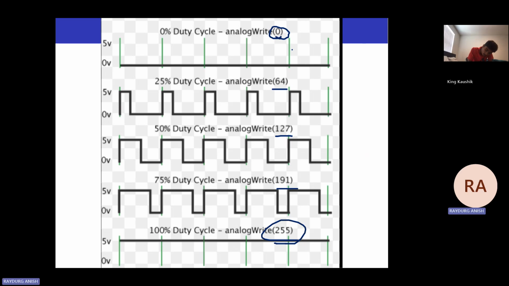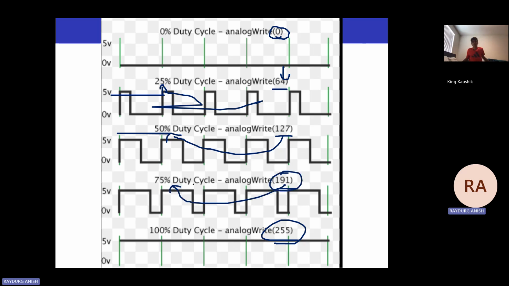Why do those values correspond to what we use instead of digital write? Instead of digital write, we write analog write. But my question here is why only 64 to show 25% and why 127 to show 50% and 191 to show 75%.